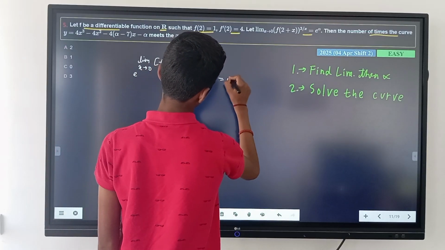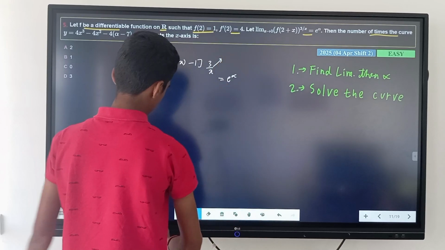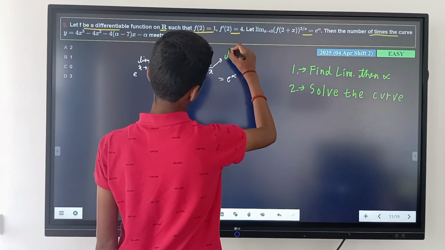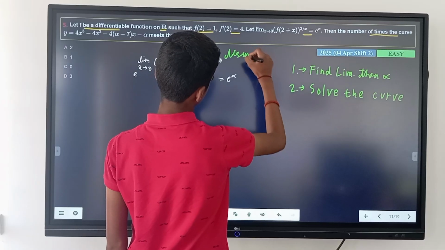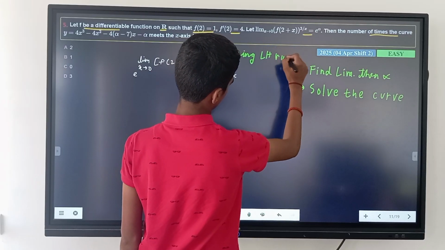This is equal to e raised to power alpha. Now in the above limit, we are going to be using L'Hospital rule.